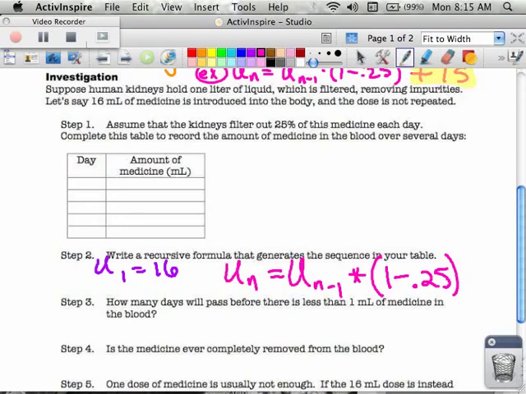And as I fill this chart out, day 1, 2, 3, 4, and 5: 16, 12, was it 9 after that? 6.75 and 5.06. Questions about any of that?